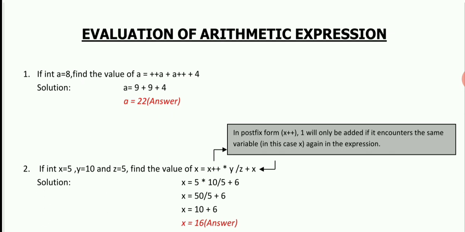And because of a++, we have plus 1 carry, and this plus 1 will be added only if we encounter the same variable. And since out here we don't have variable a after a++, plus 1 will not be added, and plus 4. So 9 plus 9 plus 4 will give you 22. So the answer for question number 1 is 22.